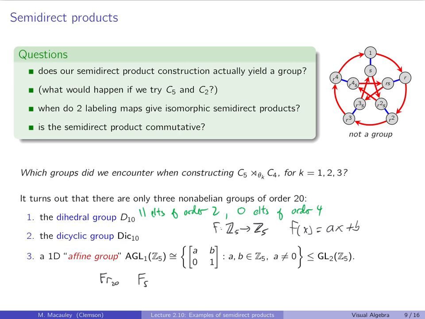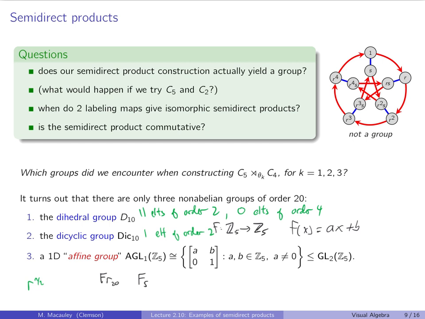Now the dicyclic group has 1 element of order 2. Remember, that's -1 or r to the n over 2. And then remember that half of the elements of this are going to have order 4. All of the elements that have that s in them, or the j. Remember the Cayley graph looks something like this, and all those inner circle elements are going to have order 4.